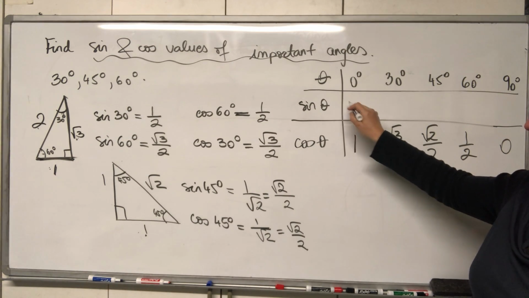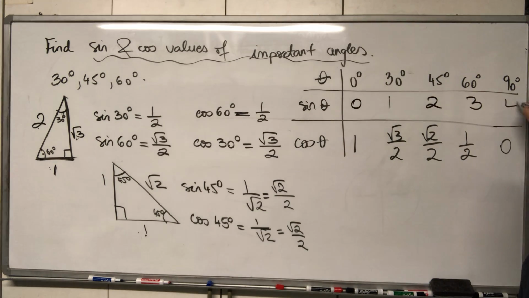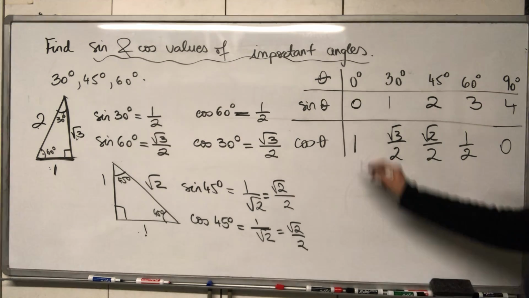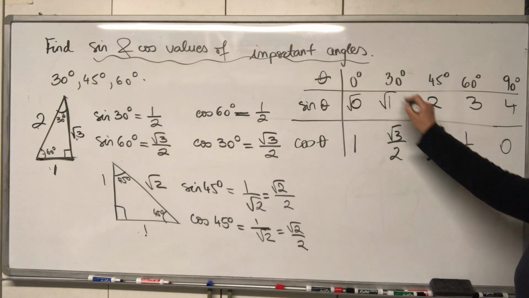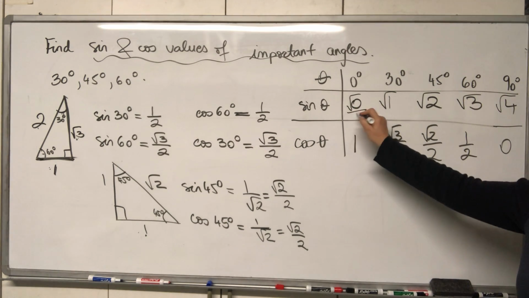So what can I do? I can fill in these values and I can do what? What I will do is write the numbers 0, 1, 2, 3, and 4, right? So in order, 0, 1, 2, 3, 4. Great. Then what am I going to do? I'm going to take the square roots of them all, and I'm going to divide them all by 2.